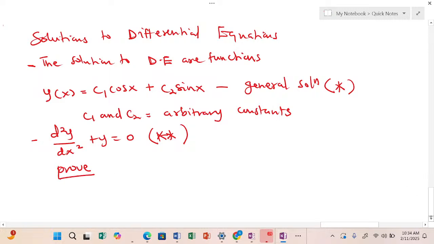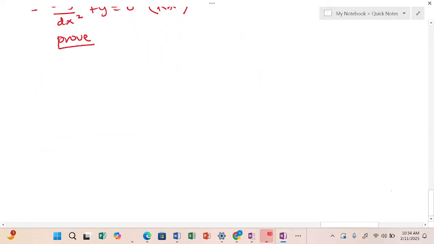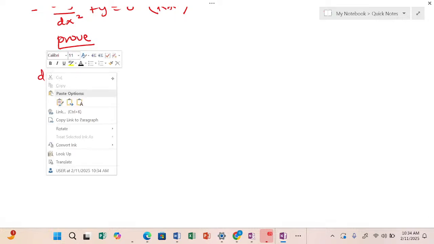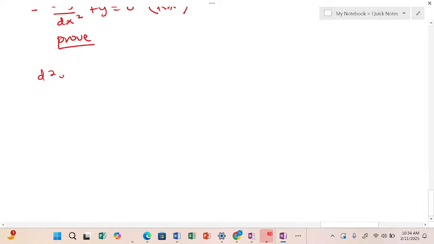And in proving that, we take our differential equation, that is d squared y over dx squared plus y is equal to 0.